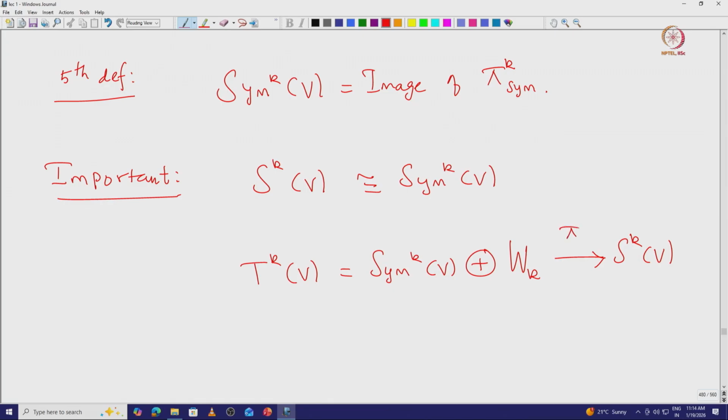Let us call this map pi sim k. If you think about it, it is actually a natural map. What is this map indeed? Maybe let me use some other notation, pi tilde k sim, which is a map from SKV to Sim kV.